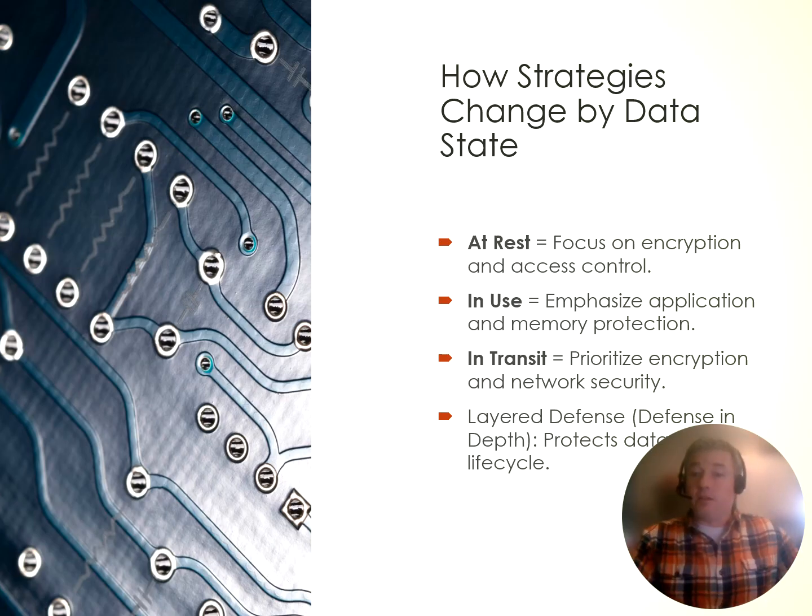When data is in use, the priority shifts to application and memory protection, ensuring that this information remains secure during processing. And then for data in transit, security relies on encrypted communication protocols, like we talked about, HTTPS or VPNs, to protect against interception.